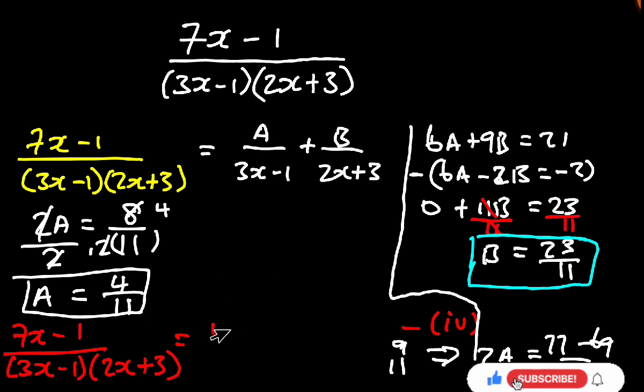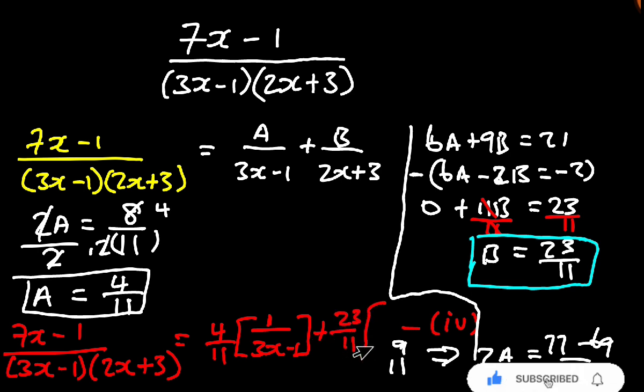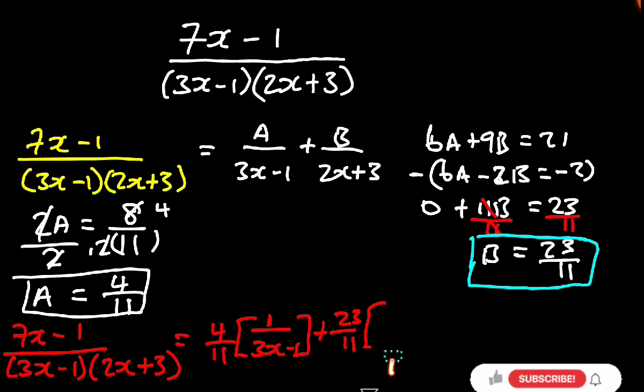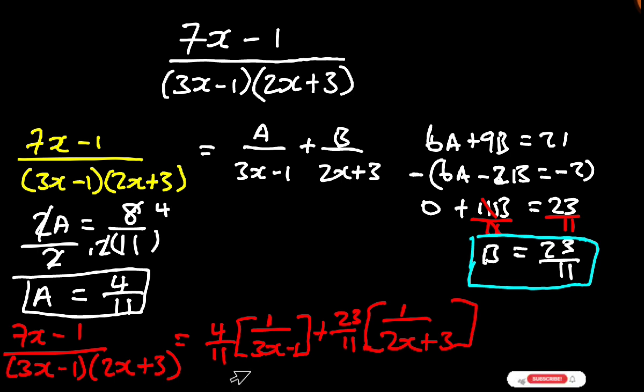So we have 4 over 11 multiplied by 1 over 3x minus 1, then plus b, which is 23 over 11, multiplied by 1 divided by 2x plus 3. Now you can leave your answer this way.